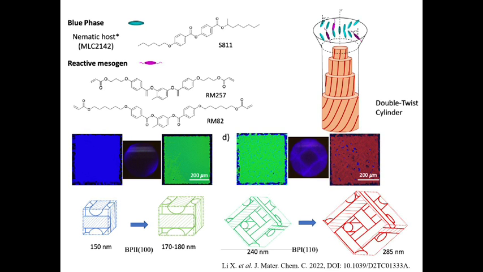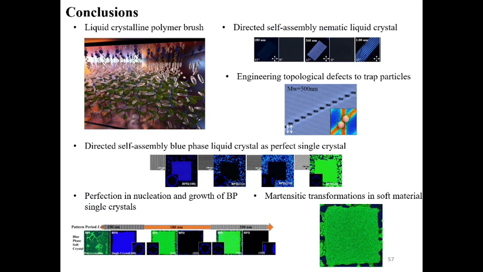Once you have the monomer added into the system, even though you keep the same lattice orientation, the synergistic self-assembly of the monomer and the liquid crystal will change the unit size. Once the unit size changes, you will observe a quite obvious color change from blue to green or green to red. So, okay, I think I will finish here.